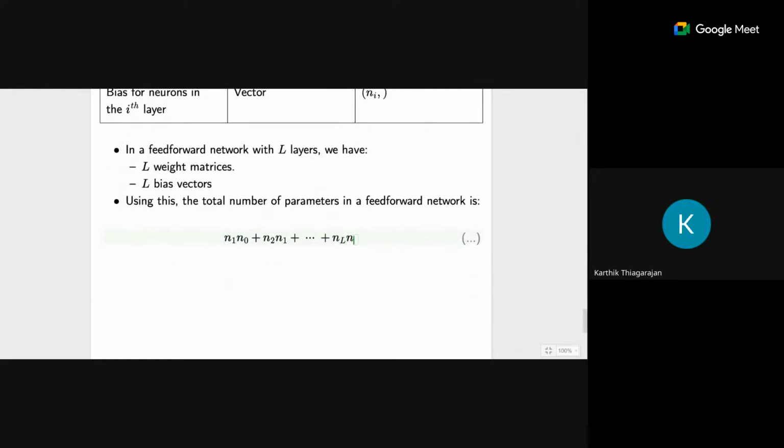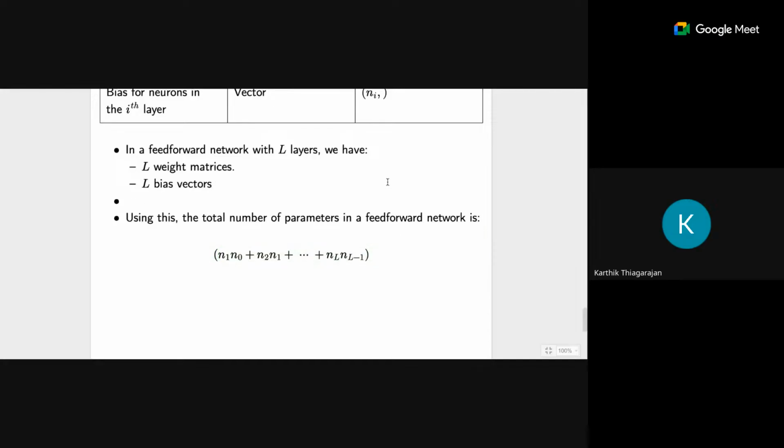You have NL neurons in the output, and in the penultimate layer you have NL minus 1. So these are the number of weights. I'll add one more point: the parameters of a network are its weights and biases. Both of them put together, we call them parameters.